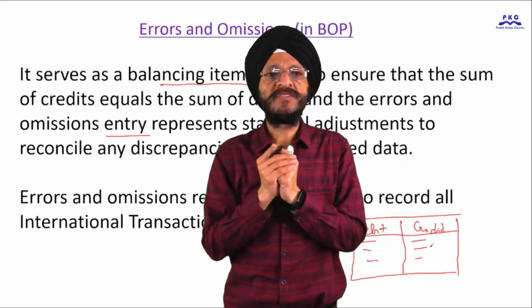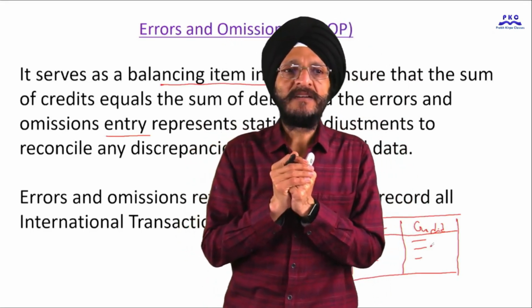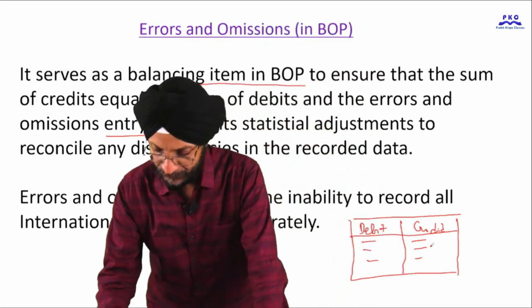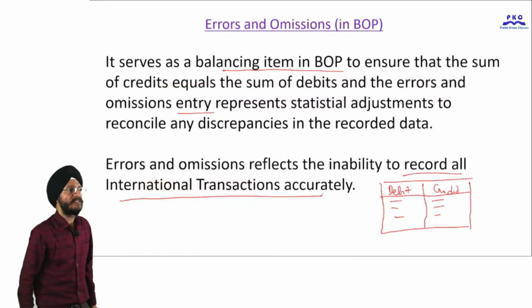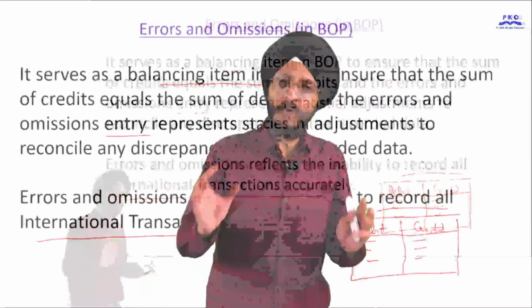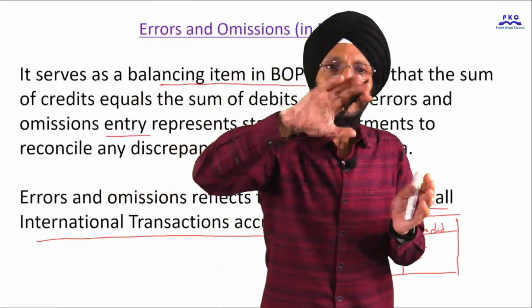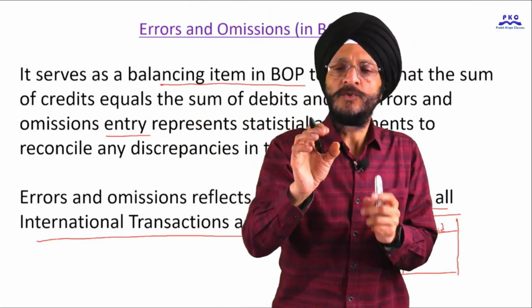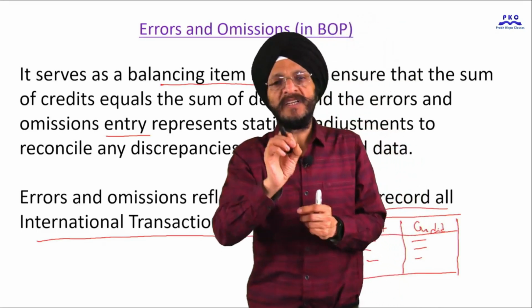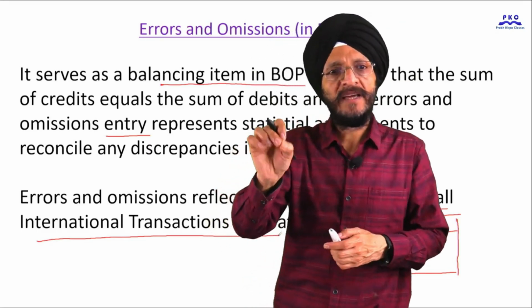Errors and omissions reflect the inability to record all international transactions accurately. It is not possible to record all the transactions accurately. So this item has been included as errors and omissions.